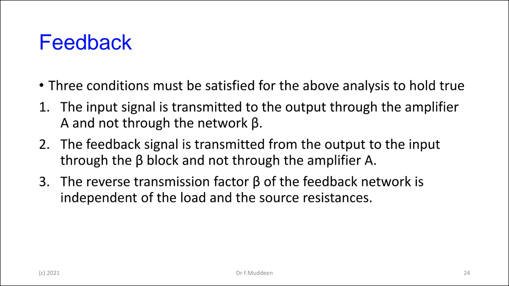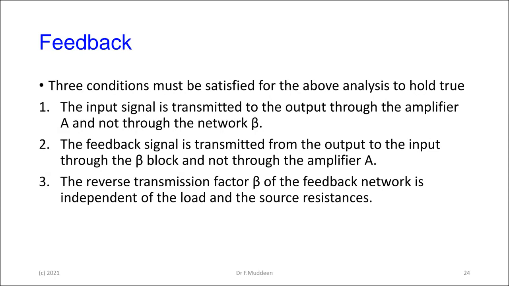So the feedback has to feed back for each of the voltage or currents going forward. We can feed back a voltage or a current coming back. So depending on the configuration, there were 4 types of feedback: voltage series feedback, voltage shunt feedback, current series feedback, and current shunt feedback.